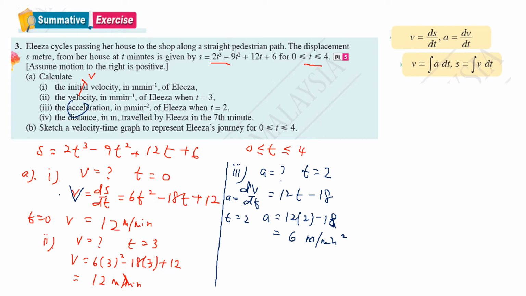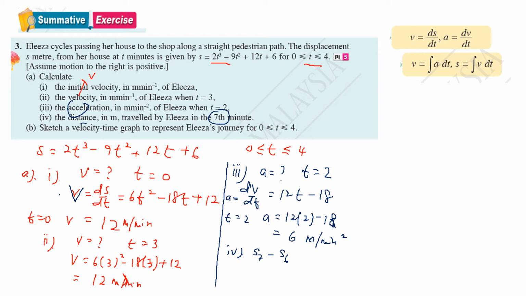Then A number 4, the distance in meters traveled by Lisa in the 7th minute. This means it is from t equals 6 to 7. Since we are asked to find the distance, we will use s, where the distance is s7 minus s6.